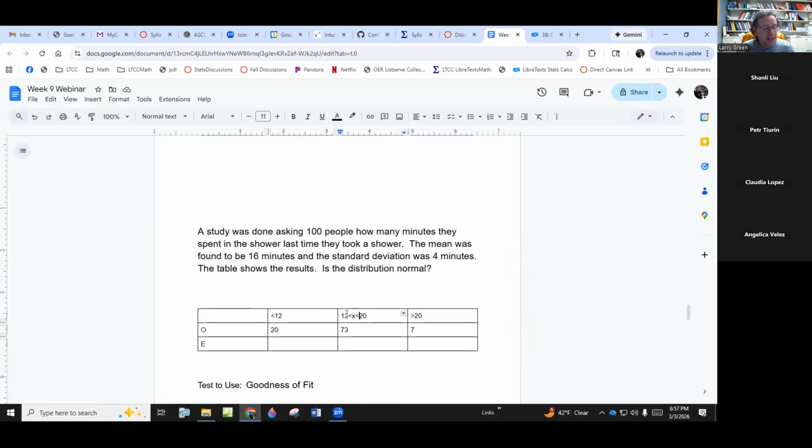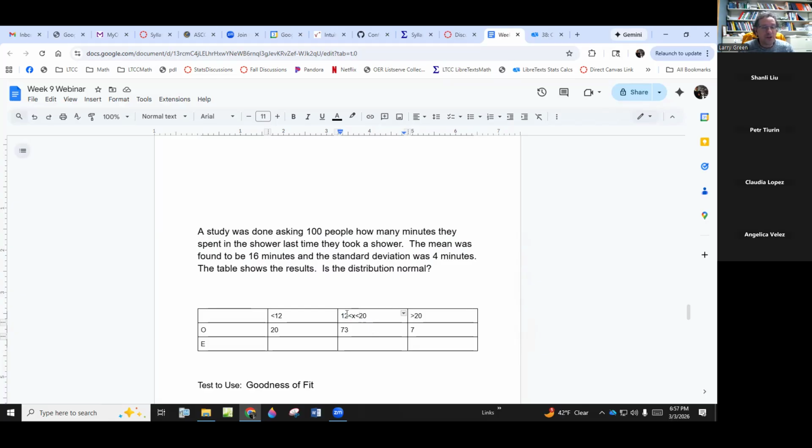So the x between 12 and 20 is the same thing as being within 1 standard deviation of the mean. What percentage of the data is within 1 standard deviation of the mean for a normal distribution? Who remembers?